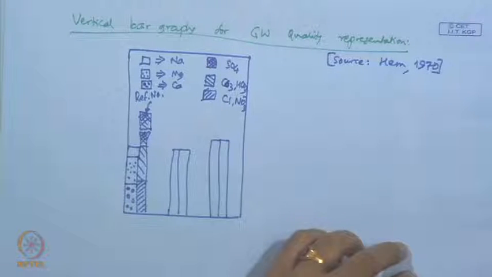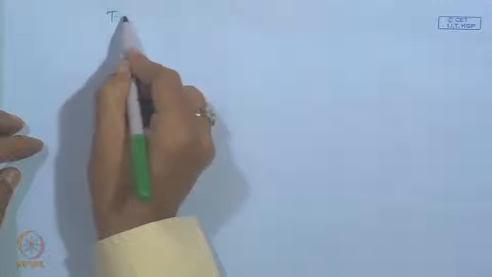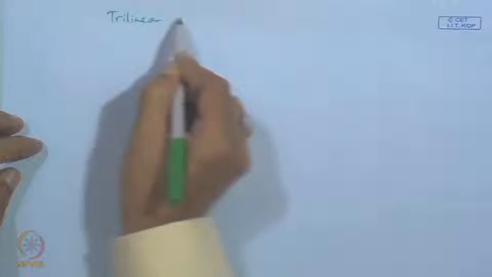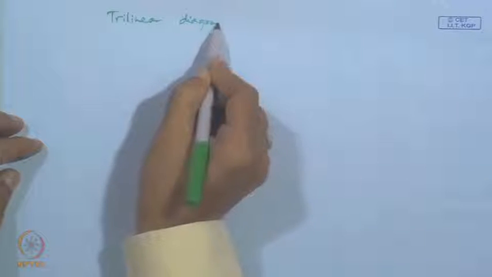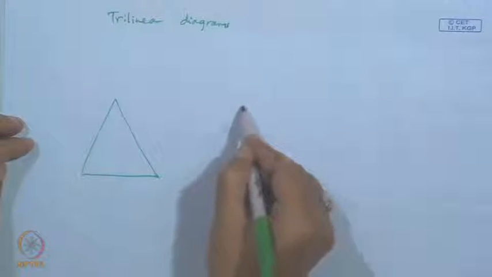So, next we will go to the trilinear diagrams. Here there will be 3 triangles.